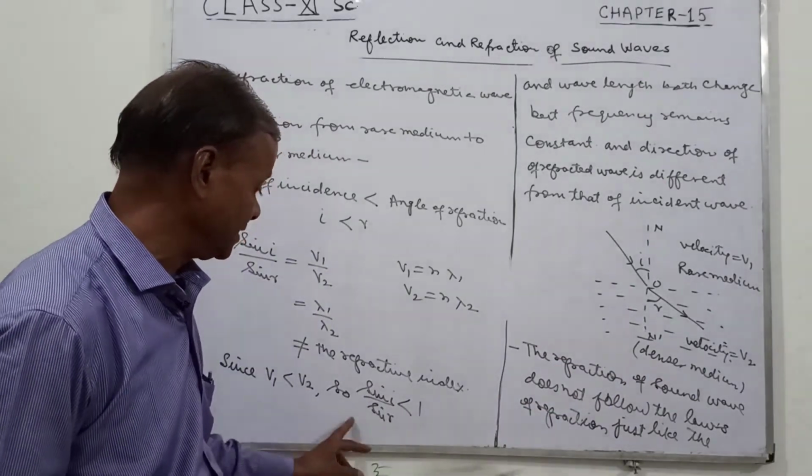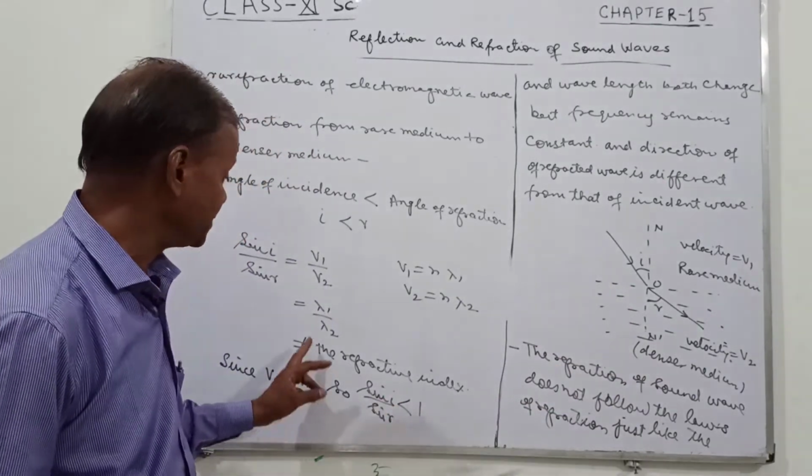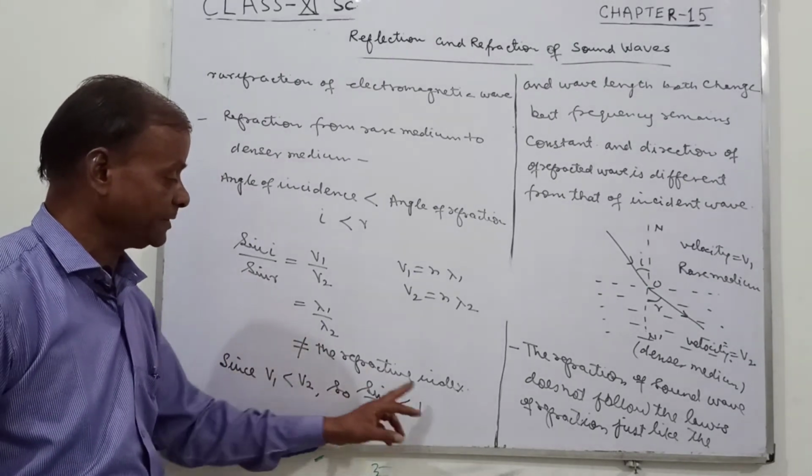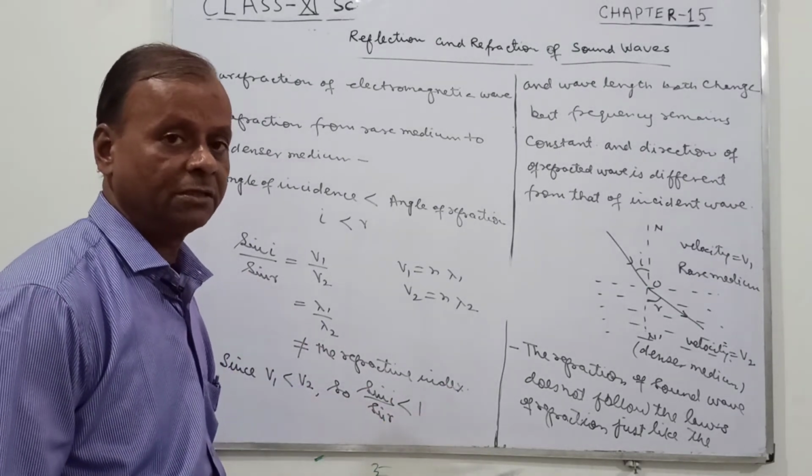But here we are getting less than 1. It means that this ratio does not represent the refractive index of the medium.